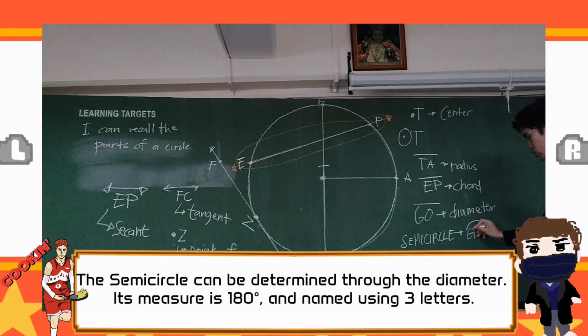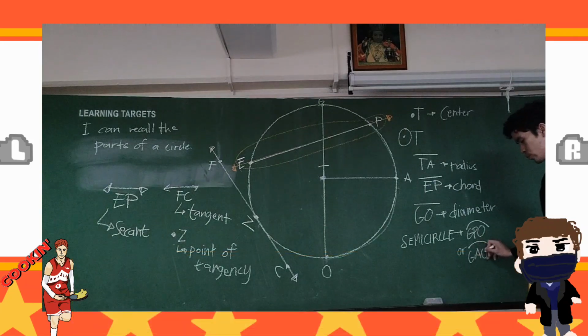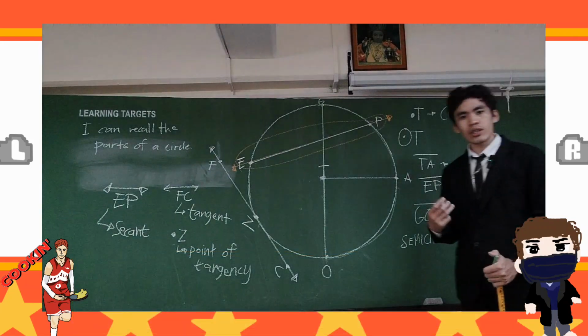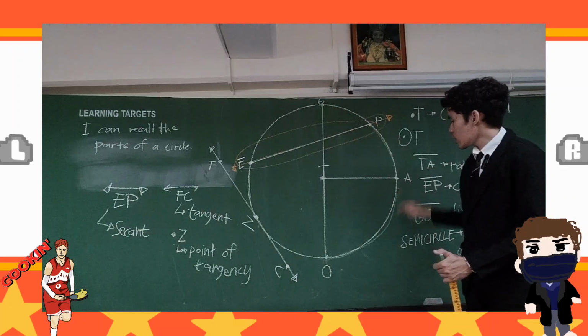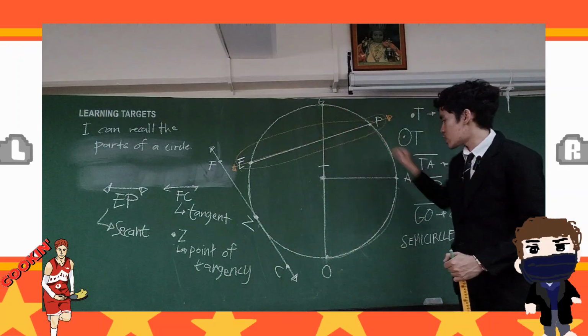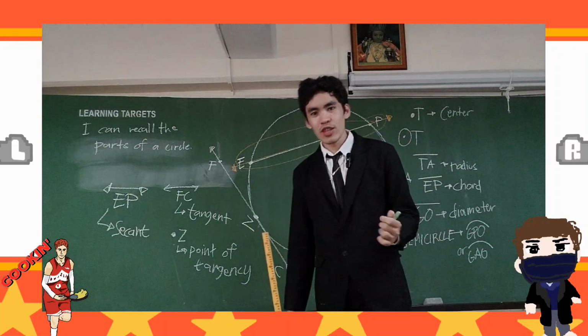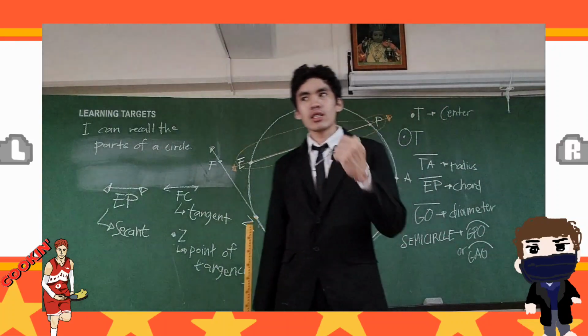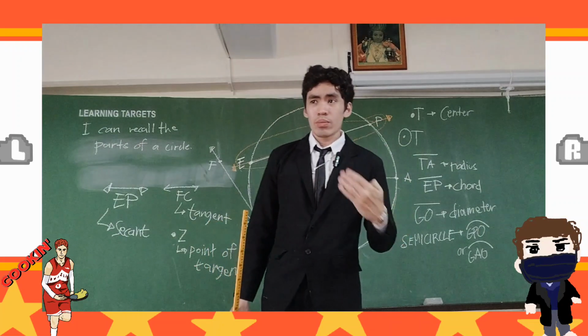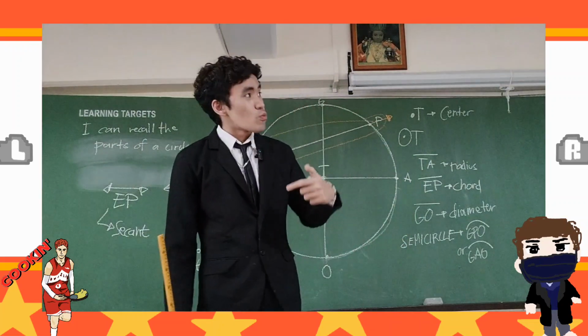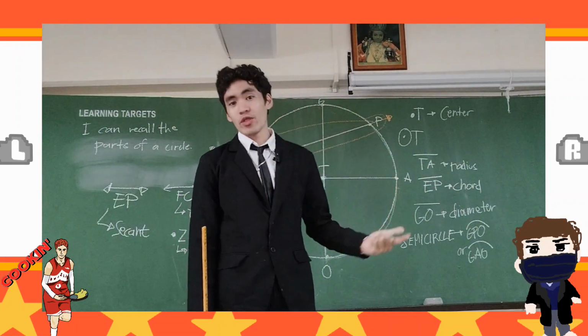You can have GPO. But at the same time, GPO is the same as arc GAO. What I want you to remember here is that GPO is the same as GAO. Imagine it as a part of your life wherein you want to just talk about the endpoints. But sometimes you want to clarify what particular parts of your life you have to pass through.